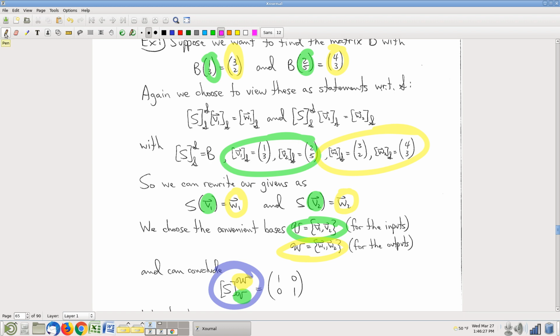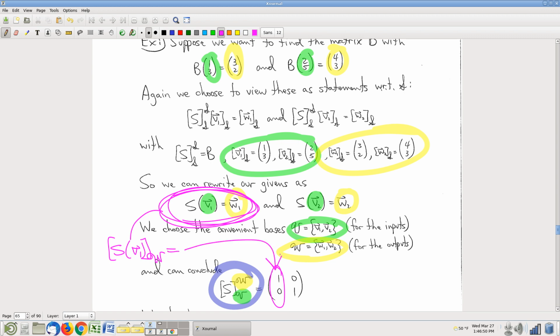How do I find this first column? Well, that first column comes from understanding this equation. Right? What is S of the first input basis vector, V1? And said differently, S of V1, its coordinates with respect to script W are 1 and 0.